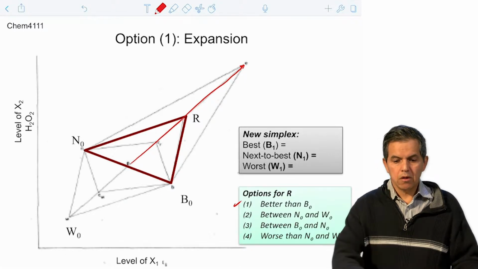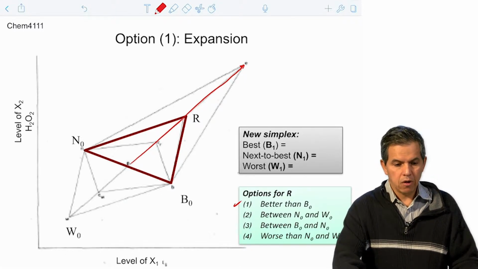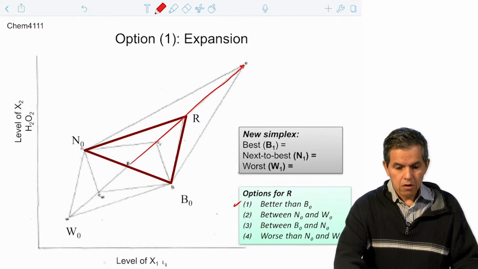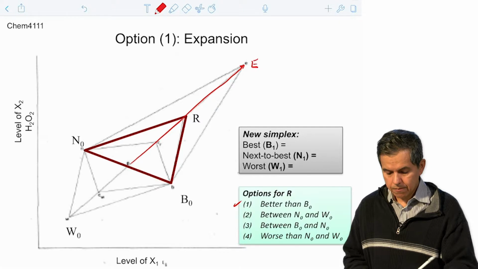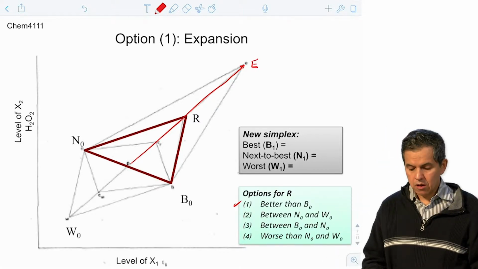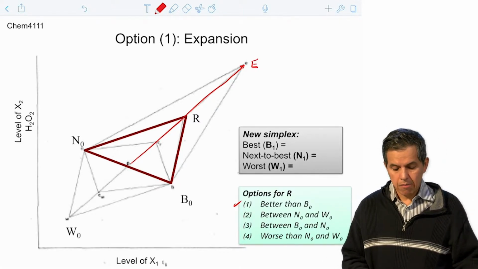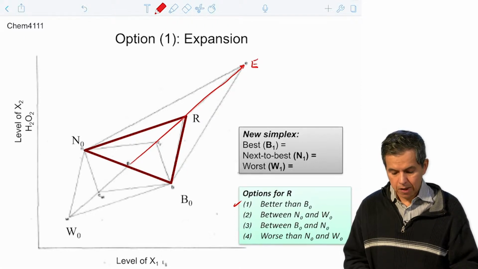This new point is going to be important to us because it will allow us to calculate the particular conditions that we have here. So this is going to be called an expansion, or point E. And again, that happens when the measurement at R is better than the best.